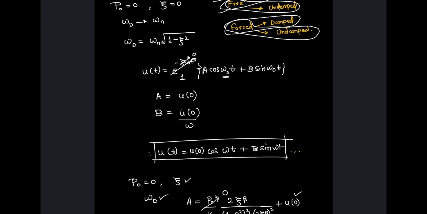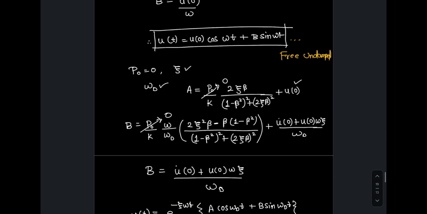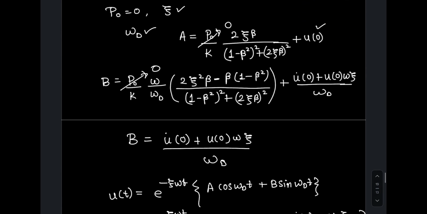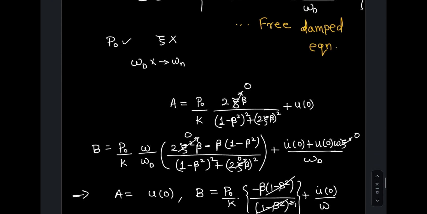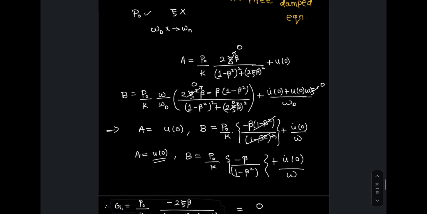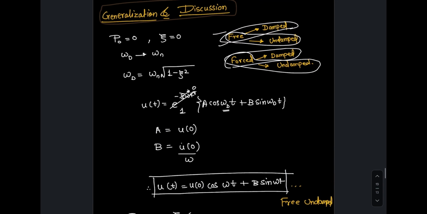First we started from the free undamped equation, we then found the free damped equation, and then we found the forced undamped equation, and before this we derived all of this from the forced damped equation.